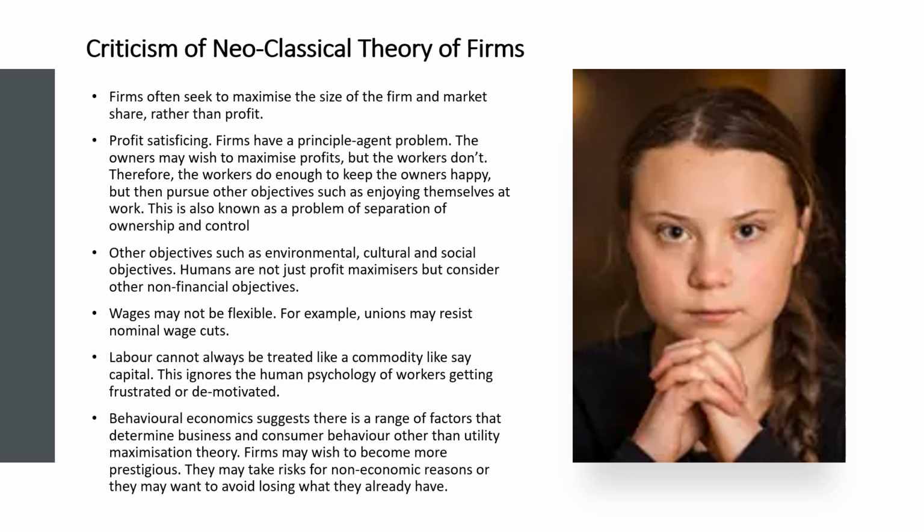And therefore, a compromise needs to be reached, where the workers do enough to keep the owners happy, but then pursue other objectives, such as enjoying themselves, having a laugh at work. And this problem is known as the separation of ownership and control.